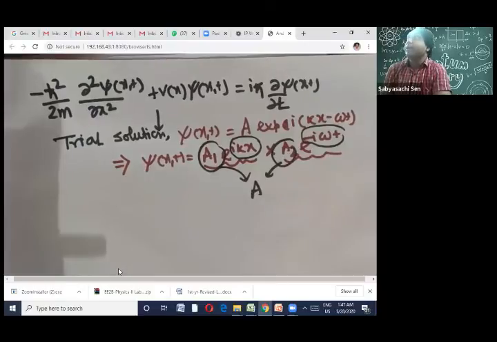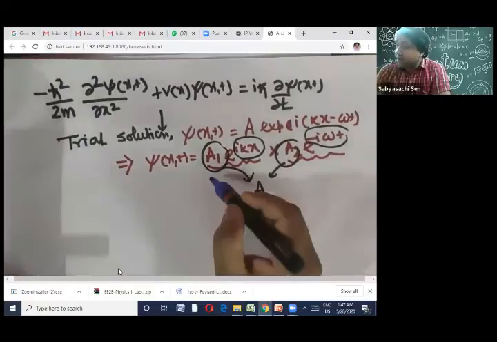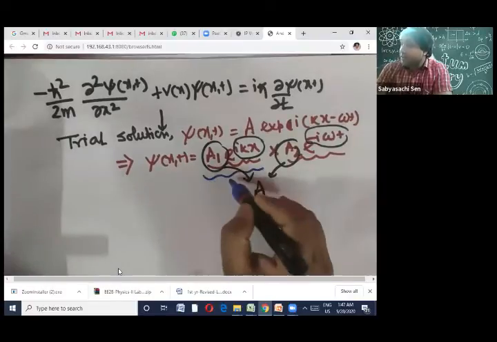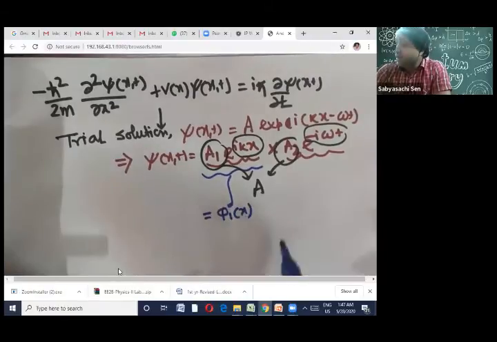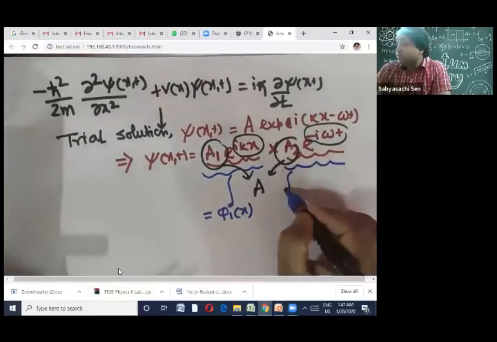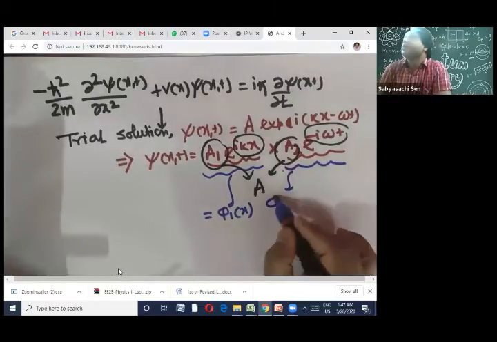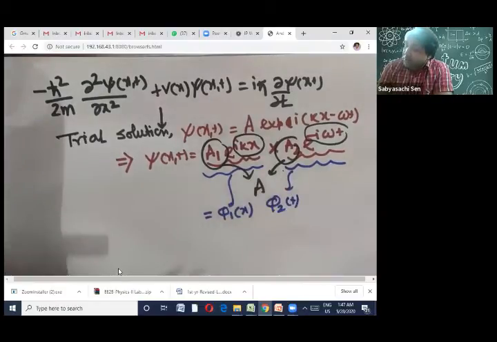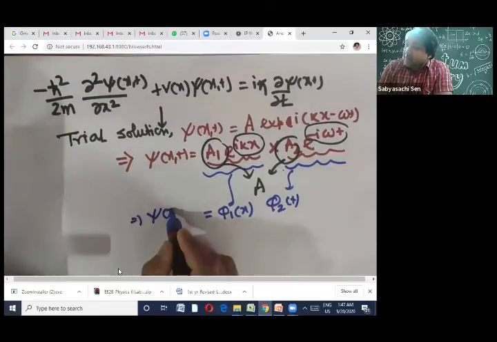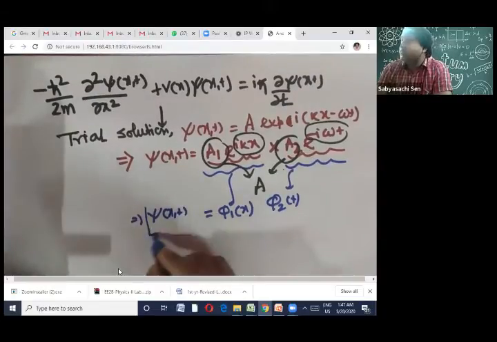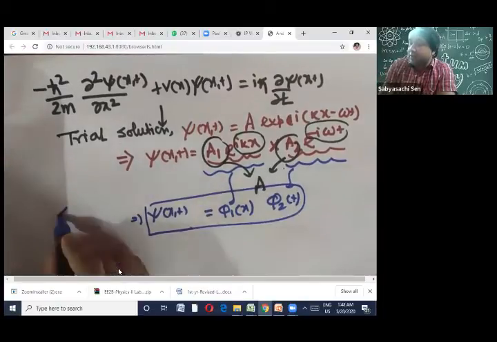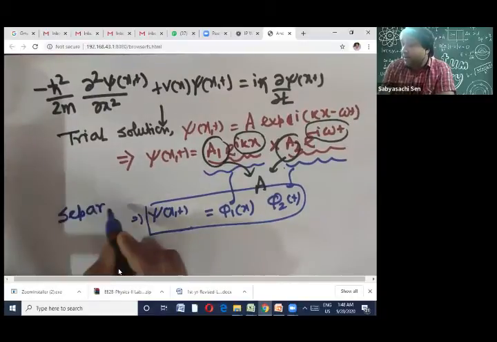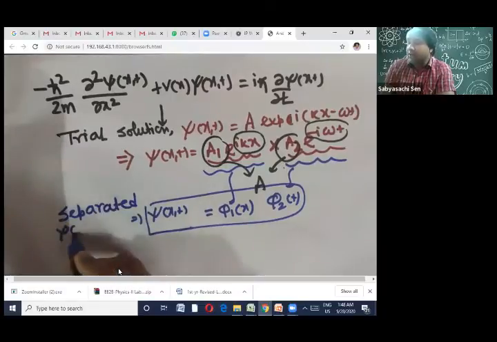The quantity a1 e to the power ikx is a function of x only. I call it phi1(x). The other quantity is a function of t only. I call it phi2(t). So I have a two-variable function psi, and I am writing it as a product of two separate functions. That is the beauty of separation of variables. I have separated psi into two parts.